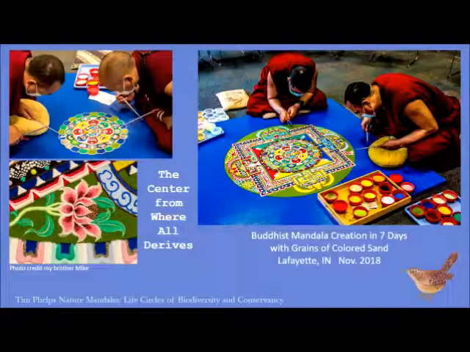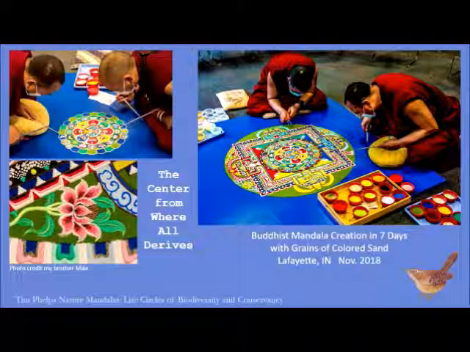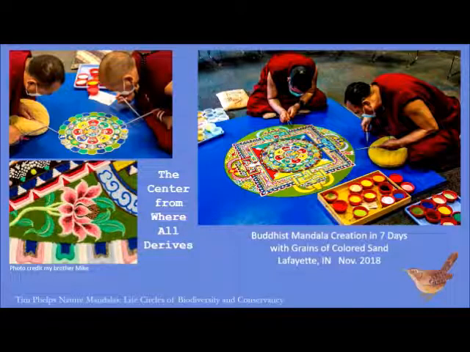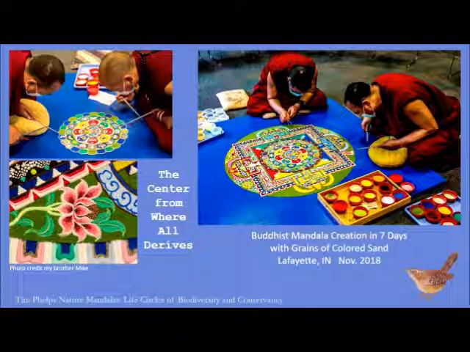So my brother called me in November of 2018 and he said, the monks are in town. And I don't know how he found them or how they found him, but over 7 days, they created this mandala. How it happens is that they come to the site, they perform chants and music, and then they create this mandala from memory.